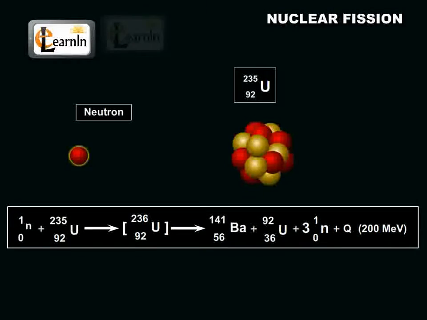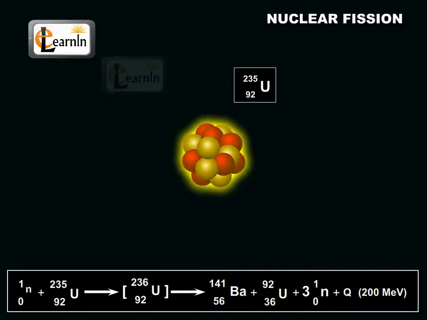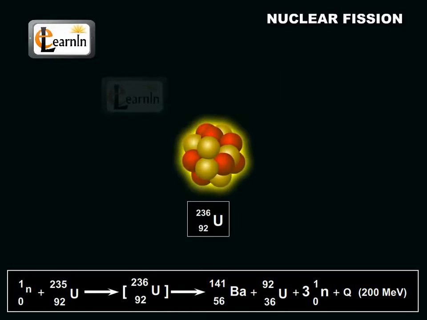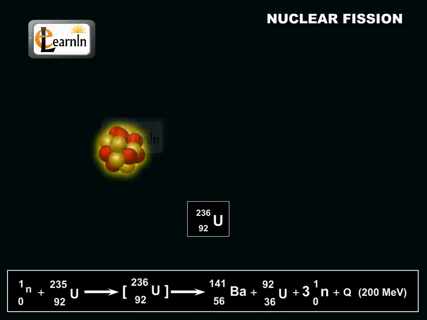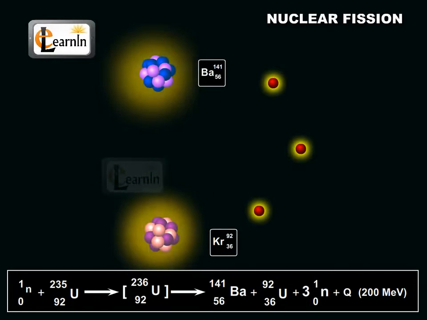So as you can see from the equation, 1 neutron combines with uranium-235, forming an unstable compound nucleus, uranium-236. This unstable nucleus splits into 2 stable nuclei, barium-141 and krypton-92.